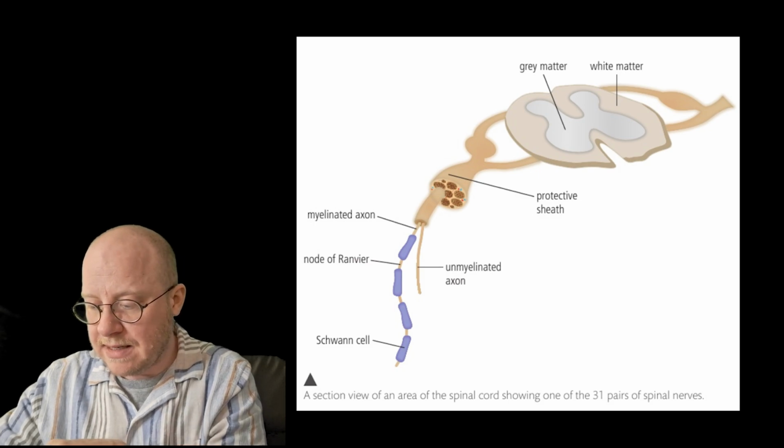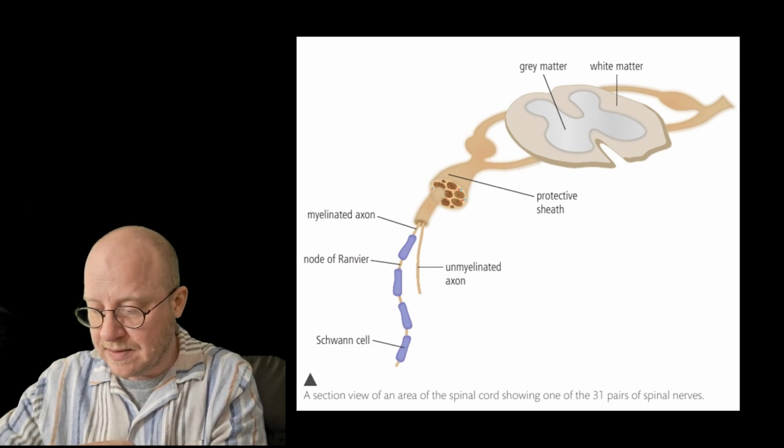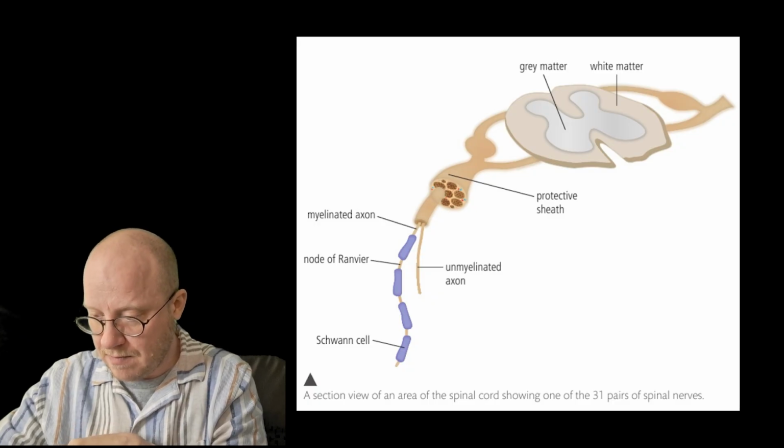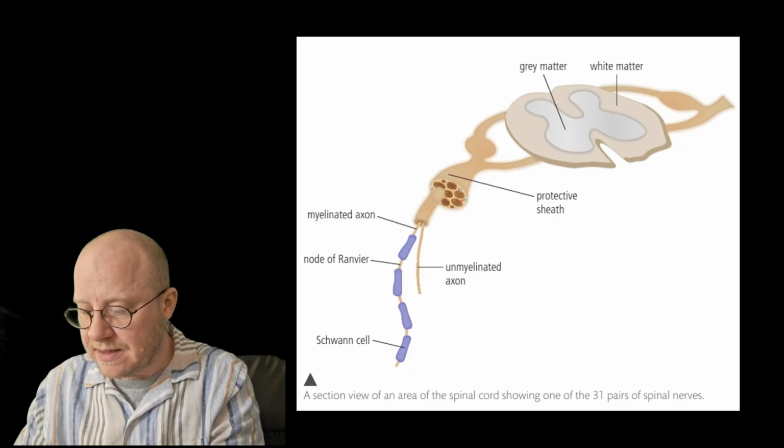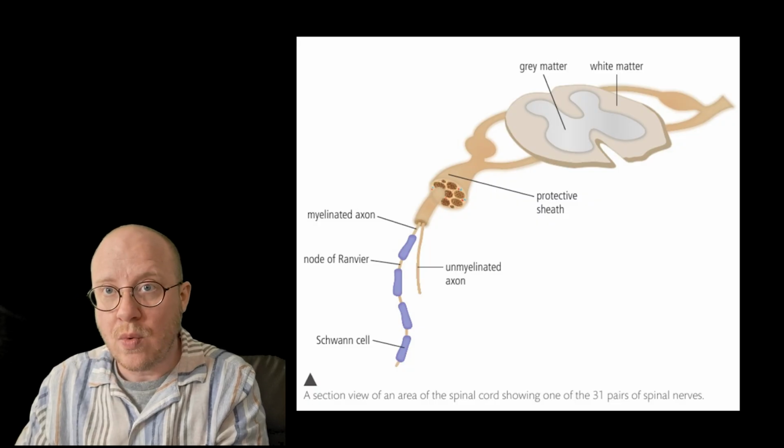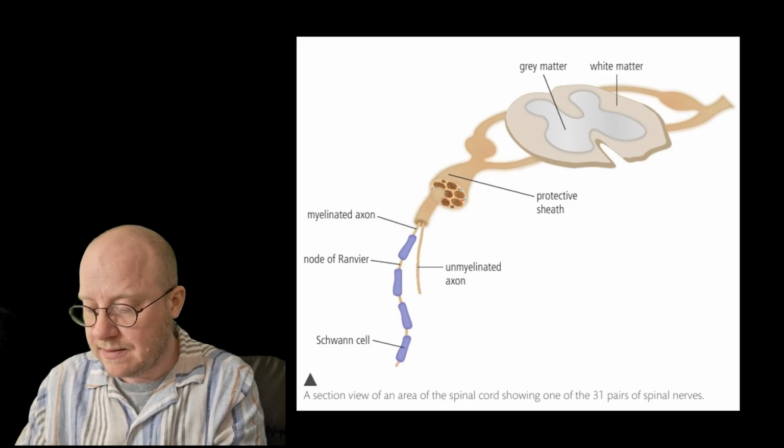And unmyelinated axons also exist. Schwann cells in between the nodes of Ranvier. Neurons can be either myelinated or unmyelinated.